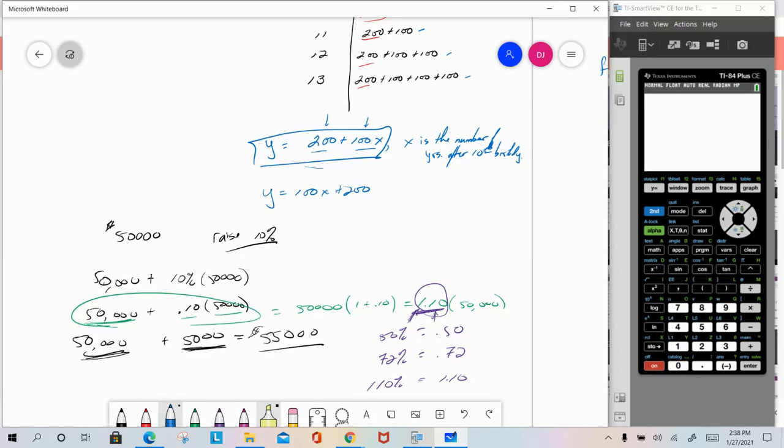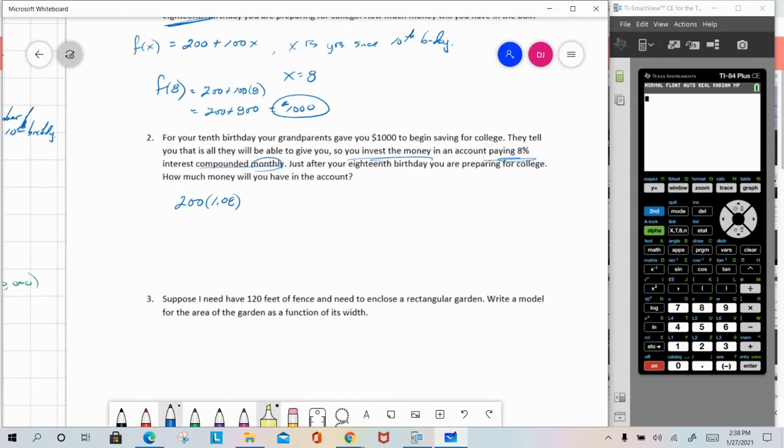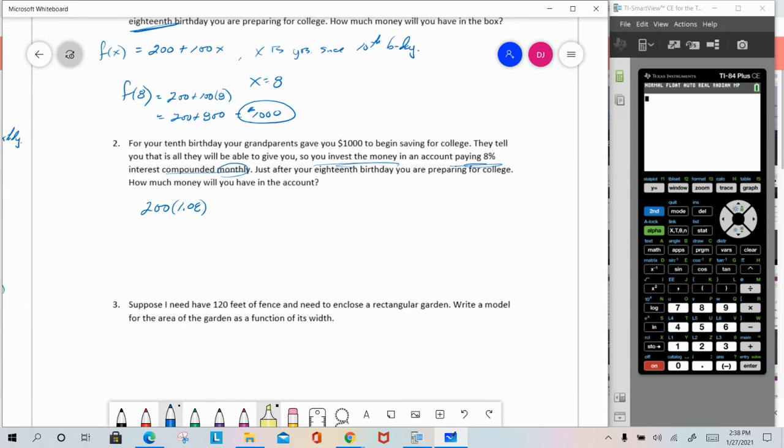So let's bring this back over here and think about it this way. You're going to keep that $200, and each year you're going to have 100% of that original amount plus 8% more. And X is again going to represent the number of years since your 10th birthday.